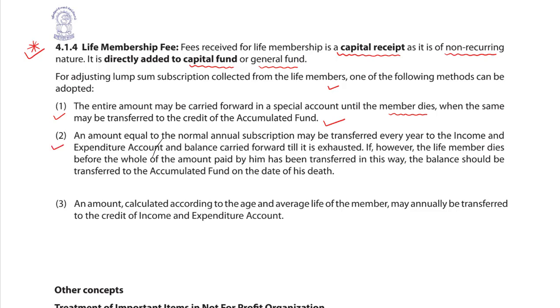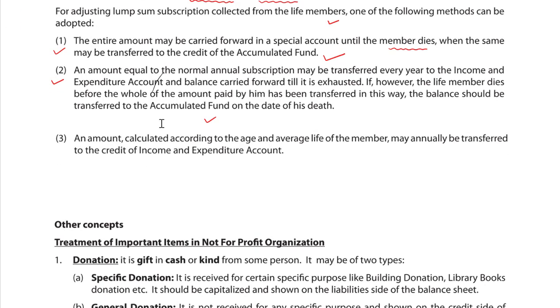Next, an amount equal to the normal annual subscription may be transferred every year to the income and expenditure account and the balance carried forward till it is exhausted. If, however, the member dies before the whole of the amount paid by him has been transferred in this way, the balance should be transferred to the accumulated fund on the date of his death.